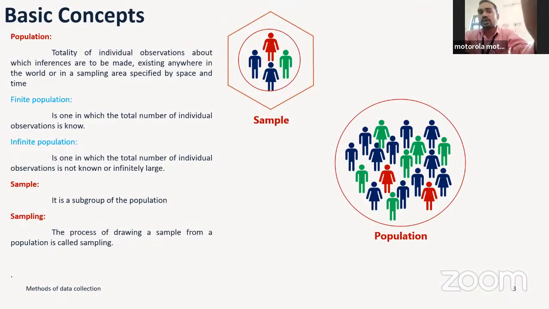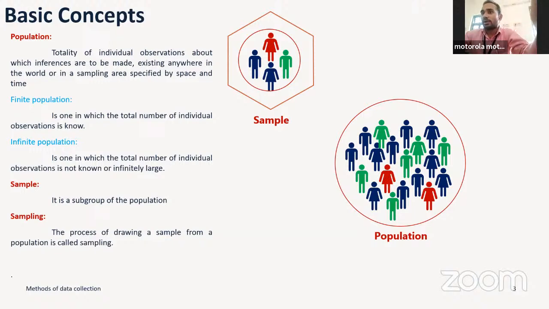Okay. So the first terminology is population. Simply, we can define it as the totality of individual observations. It means whatever events or observations we are including in our research, we call that a universe or population. In the image you can see the total number of individuals, which we call the population.